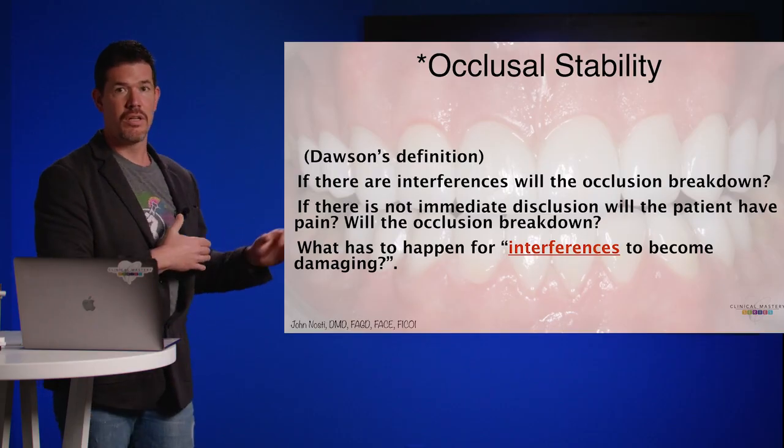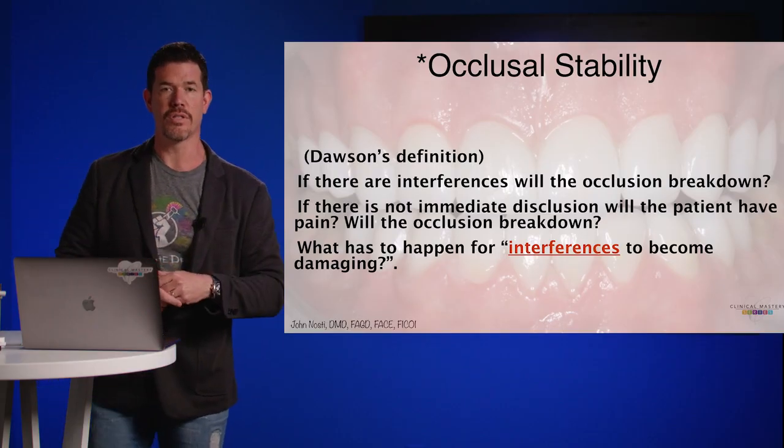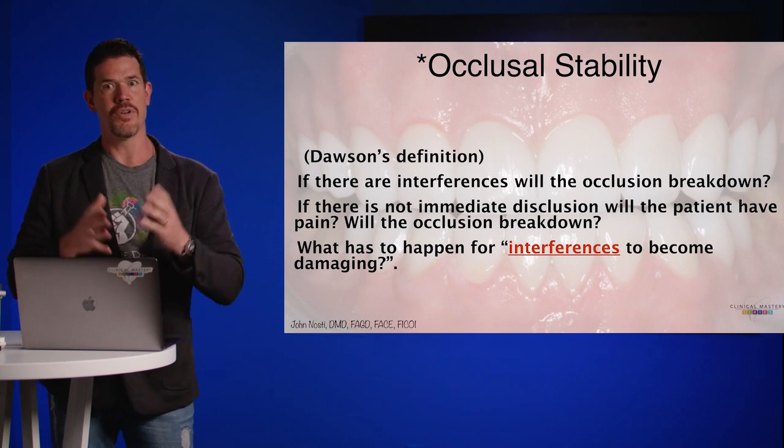According to this definition, you will not fall into the requirements of occlusal stability. So now you can understand, if 99% of your patients come in and they have a discrepancy between centric occlusion and maximum intercuspation, does that mean we have to change 99% of our patients' occlusions? Well, really, according to Dawson's definition of occlusal stability, as it stands, you would have to.